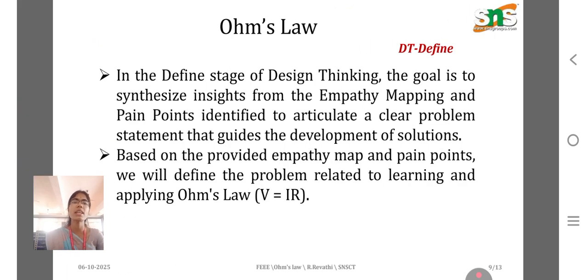In the design thinking stages, the goal is to synthesize insights from the empathy map. Based on the provided empathy map and pain points, we will define the problems related to learning and applying Ohm's law, V is equal to IR.